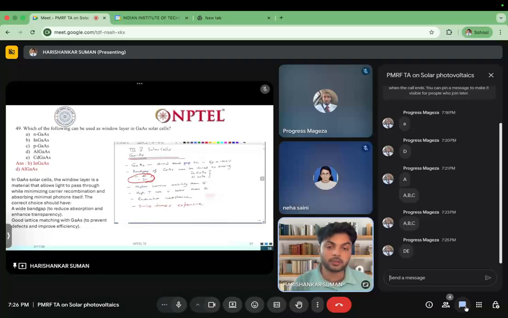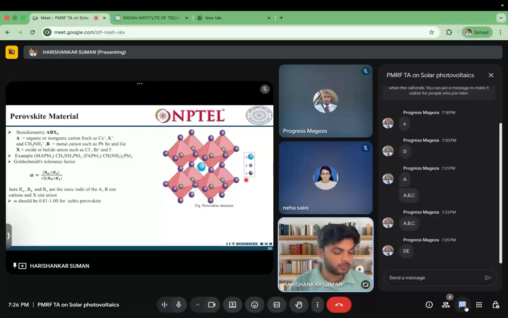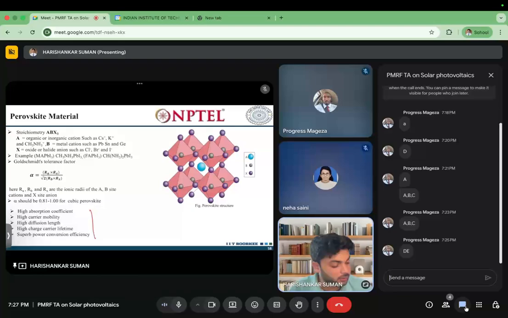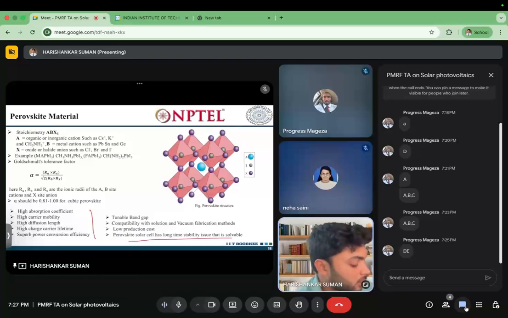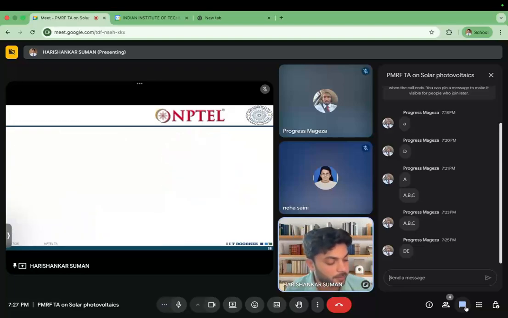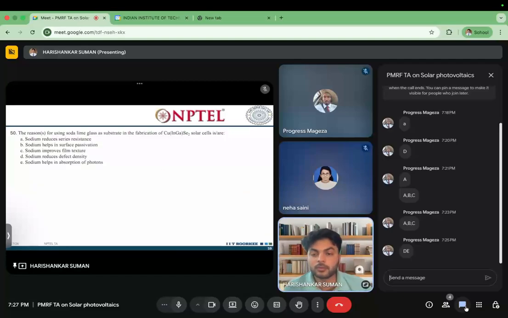Okay, so further, we have discussed perovskite material. What are the advantages and disadvantages? The disadvantage is instability. Otherwise, it's excellent, and efficiency-wise also excellent nowadays. The reason for using soda lime glass as substrate in fabrication of copper indium gallium selenide solar cell.